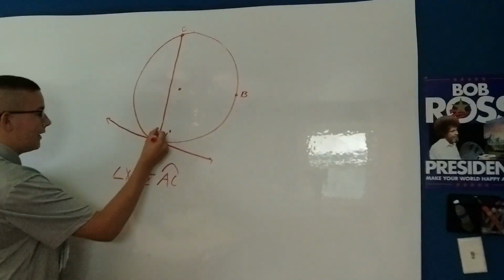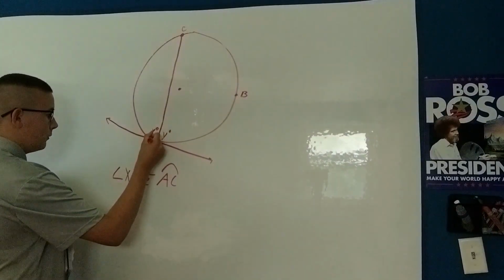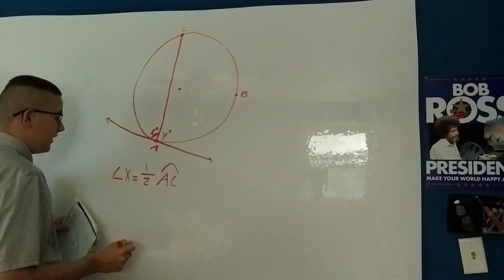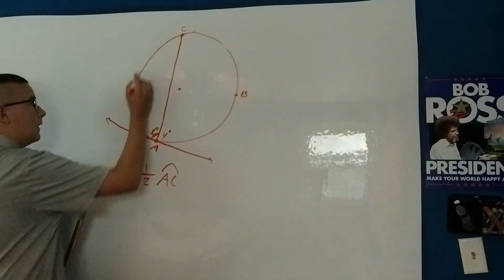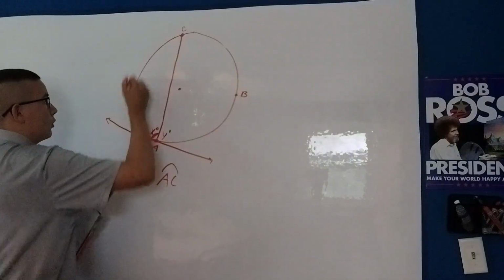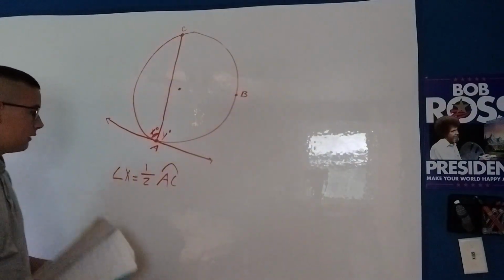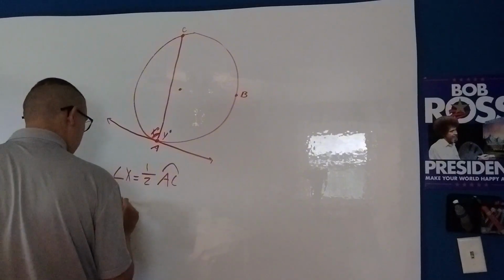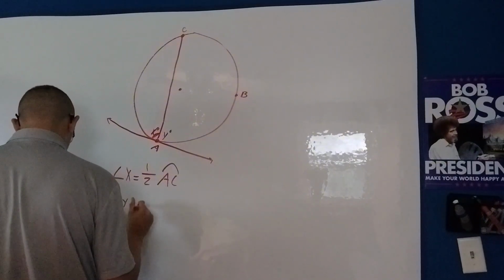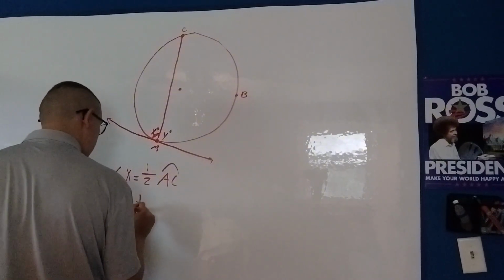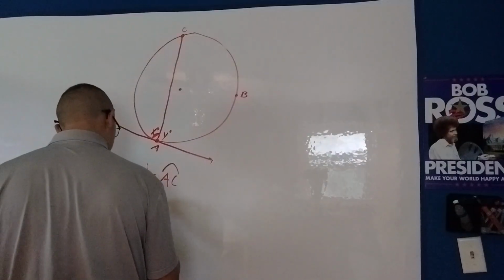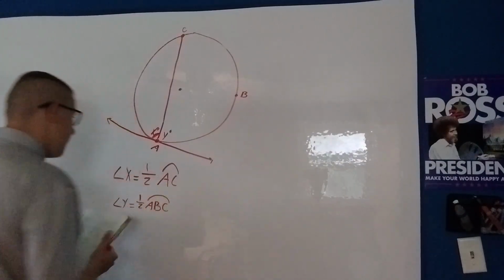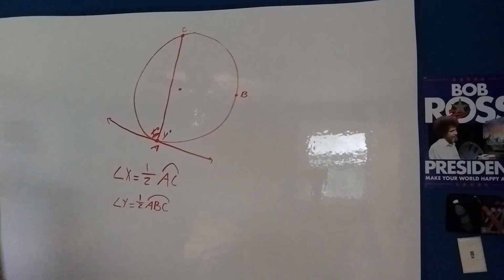So this angle right here between the tangent line and the chord is half the length of this smaller arc made. And we can also say the angle Y is 1/2 the length of arc ABC, like that.